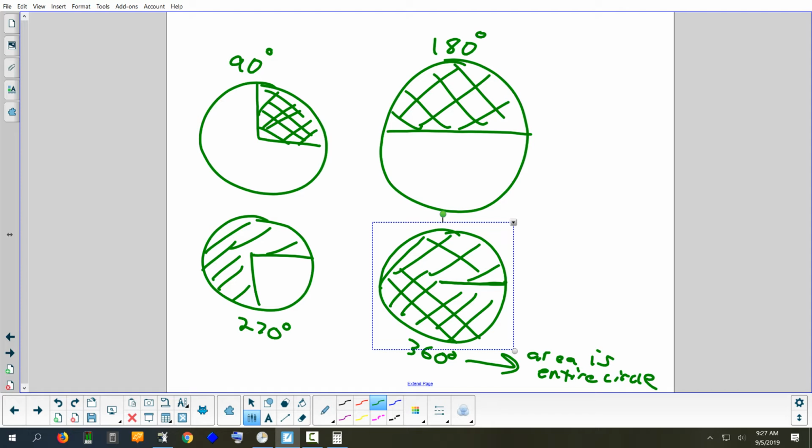So if you have an angle that's 2 pi, that's the entire circle. If it takes up the entire circle, the area is pi r squared. So that's the connection. Yeah, that's the easiest one to use. That's our fact. If the angle is 360, the area is the whole thing.